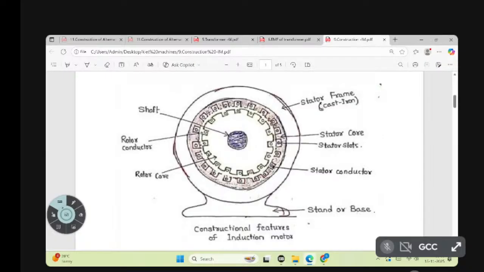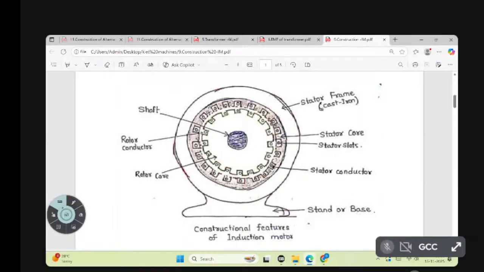So, with respect to construction, the induction motor consists of one part called stator, second one called rotor. Okay, the outermost part has the stator. So stator, stationary part, has slots. So in the slots, we will have the three-phase winding.